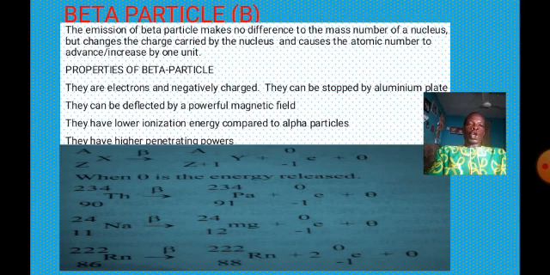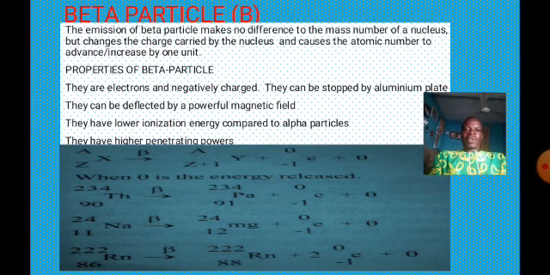And with the addition of electron, that is, electron with mass number 0 and atomic number -1. So if you add the -1 with the atomic number of Y, you are going to get the atomic number of element X.